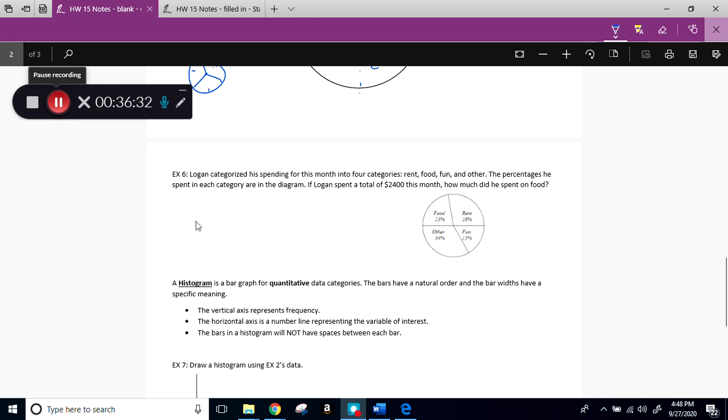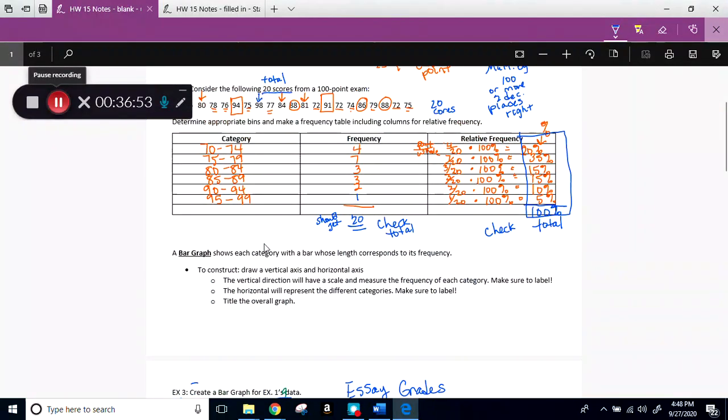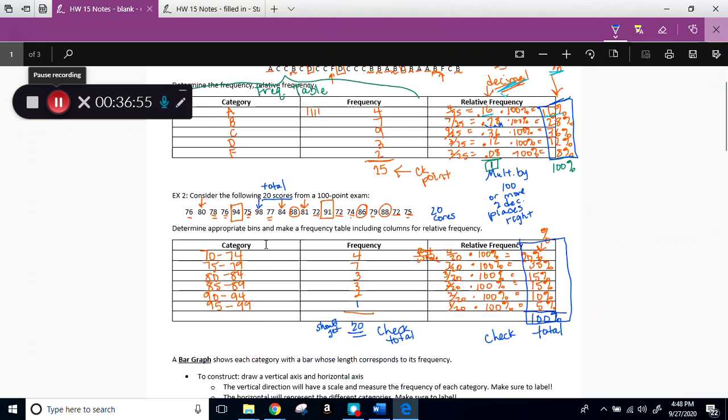So right there, they spent a total of $2,400. How much did he spend on food? That's part of it. So that's where you really should use that part over whole equals percent over 100. So back over here on that other example, where did we do that?